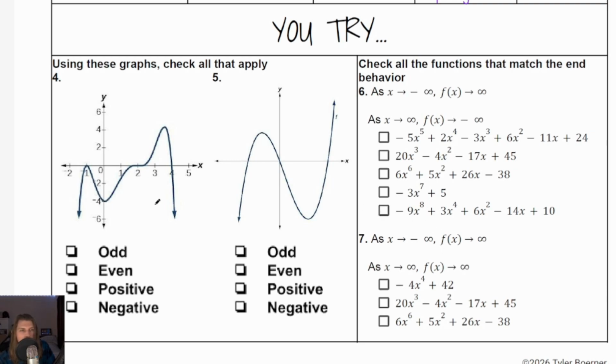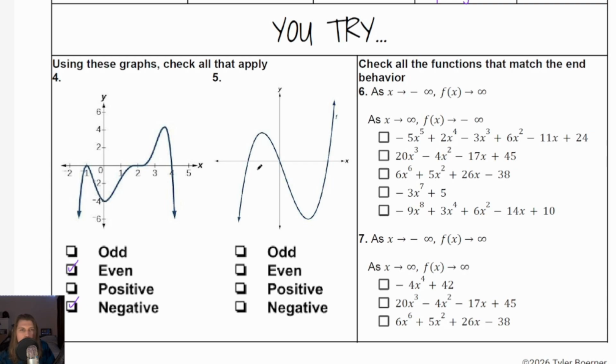Okay, now that you're back, immediately I see that this is going the same direction. So I know that it is going to be even. I also know that it is going down, and normally I expect even ones to go up, so I'm going to say that this is a negative even polynomial. So it has an even degree and a negative coefficient.